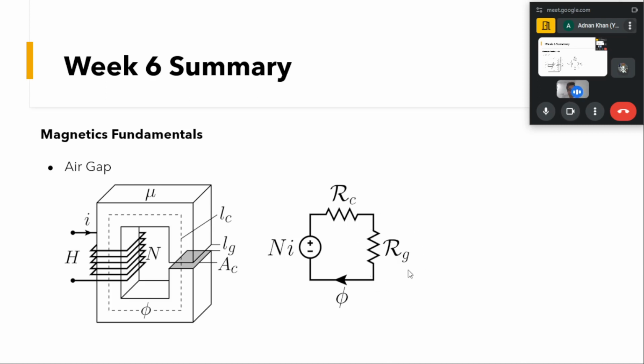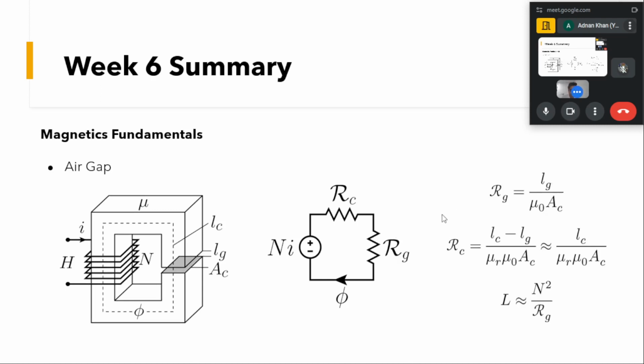By introducing a proper air gap, we can choose the reluctance as we need and change the reluctance of the core. The reluctance of the air gap is given by the length of the air gap, which is very small compared to the length of the core, divided by mu naught into Ac.